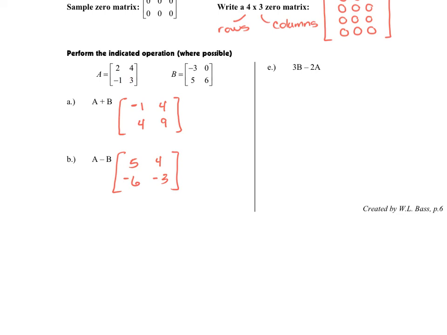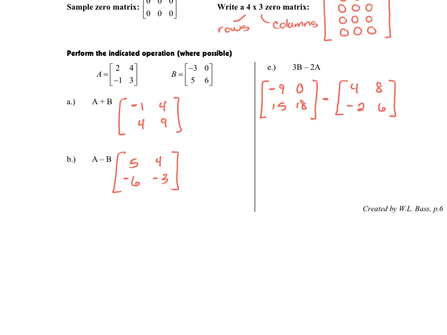When I do these, I like to organize myself first. So the first thing I'm going to do is write out what 3B would be. So I would have a negative 9, a 0, a 15, and an 18. And then I'd write out what 2A is. Just makes this all a little bit easier. So I'll have a 4 and an 8 and a negative 2 and a 6.